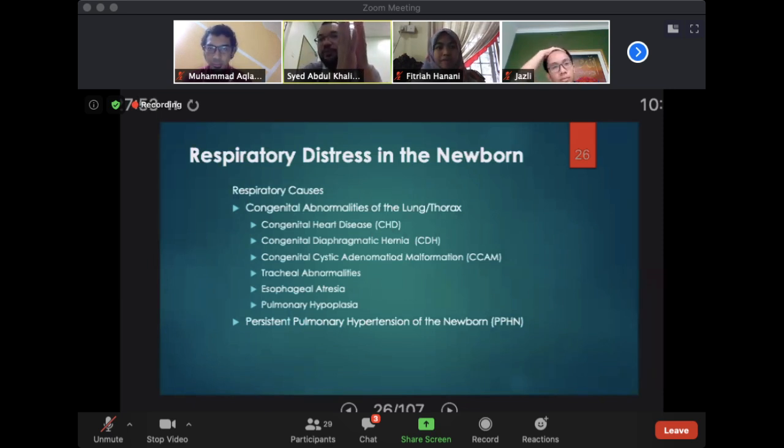So this compression causes an increase in the pulmonary pressure. And you know what is connected to the baby is the placenta, and the placenta is a very low pressure circulation.